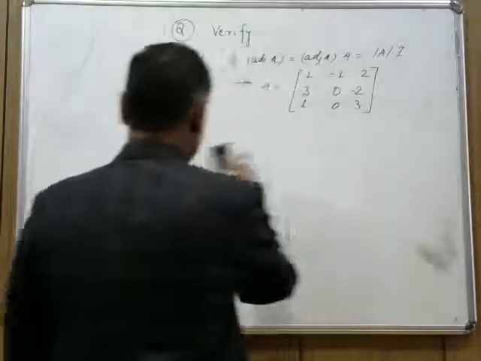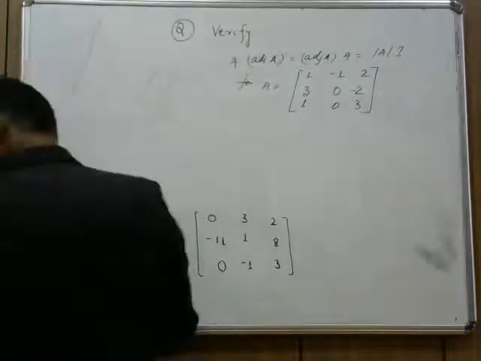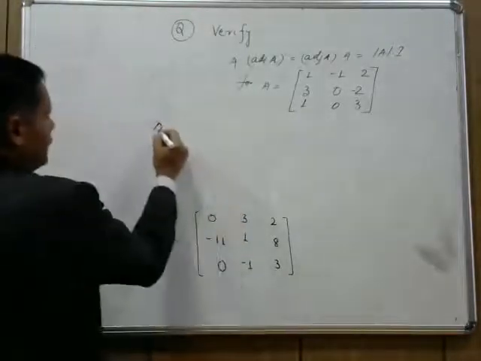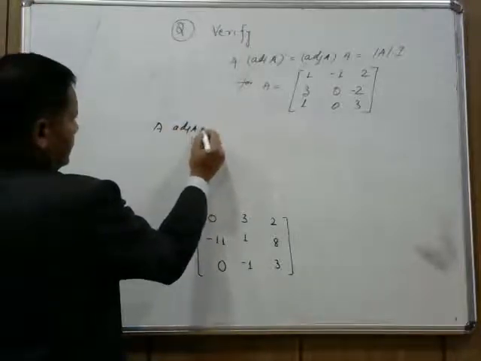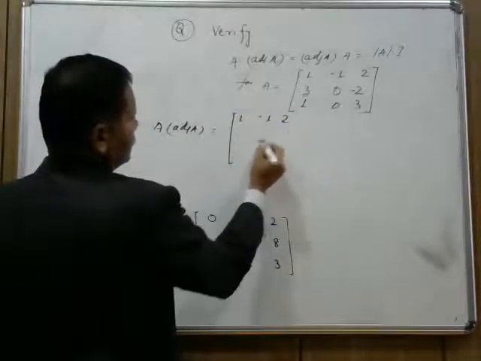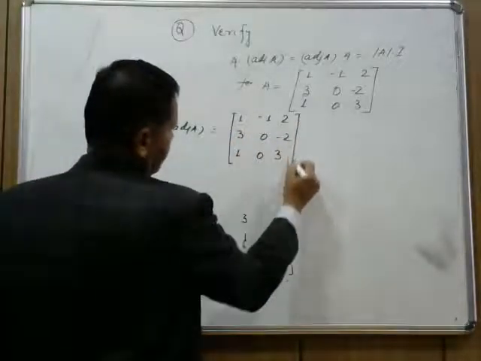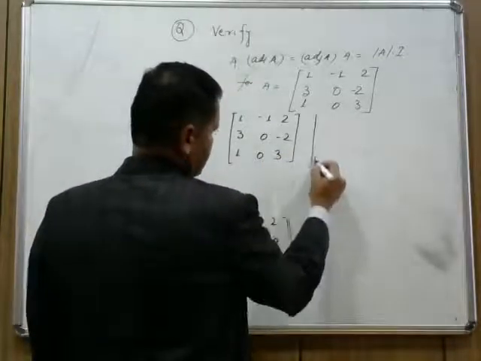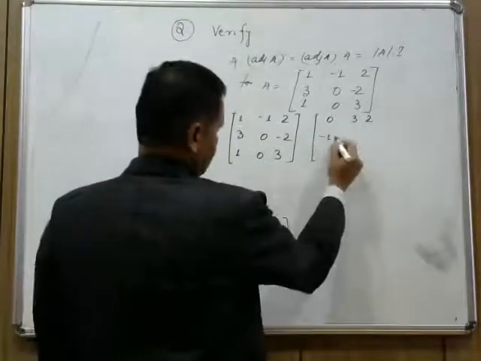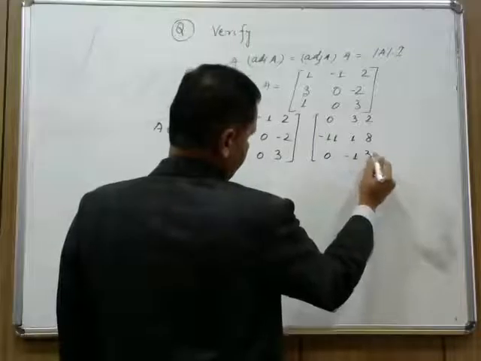So now we will find out A into adjoint of A. A we have 1, minus 1, 2, 3, 0, minus 2, 1, 0, 3, and adjoint of A is 0, 3, 2, minus 11, 1 and 8, 0, minus 1 and 3.